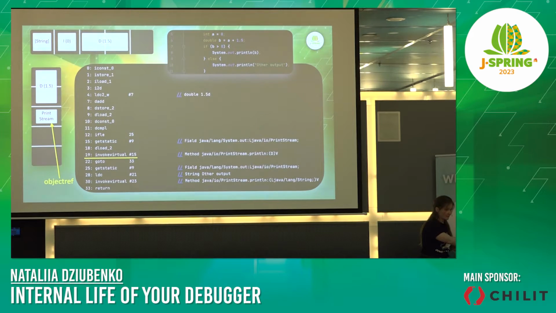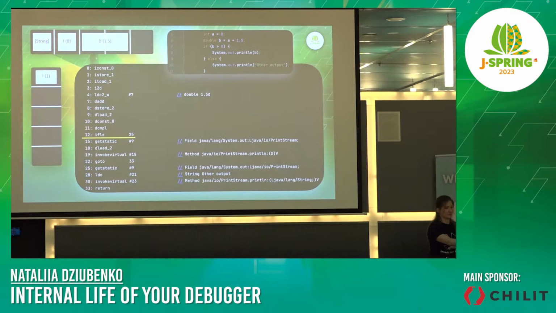And basically, it knows that it has to accept a double, so the value under it, it will consider as the object reference of the object on which it has to invoke this method. So it consumes all of these values, and it prints something in the terminal. And next, it is a goto, an unconditional jump to position 33, which returns from the method.